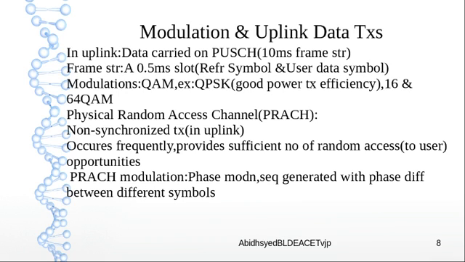QPSK is one type of quadrature amplitude modulation. Two parameters are changed or exploited for carrying the user's information, phase and amplitude. That is what is called quadrature amplitude modulation. So QPSK is one derived type of QAM.